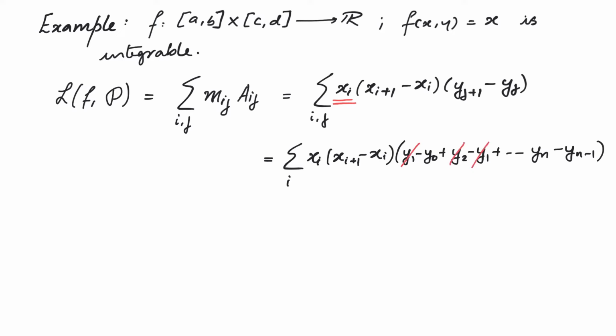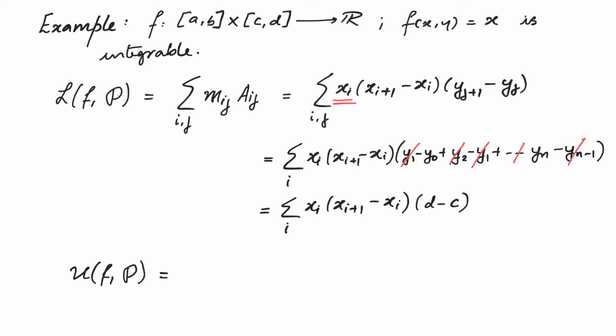And then we can cancel off most of the terms. The only terms that will remain will be yn minus y0. But yn is equal to d and y0 is equal to c. Therefore, this sum is equal to summation over i of x_i into (x_(i+1) minus x_i) into (d minus c).